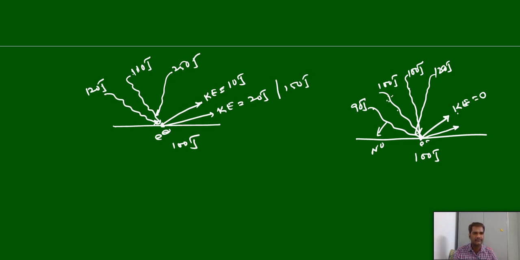You are incidenting 2 photons of the same frequency. But here the kinetic energy is not equal to 100 joules. Instead, 2 electrons can eject from the metal surface. Again this 120 joules can eject another electron. A third electron can eject. It means that when you supply the same frequency with more photons, there is no change in the kinetic energy.